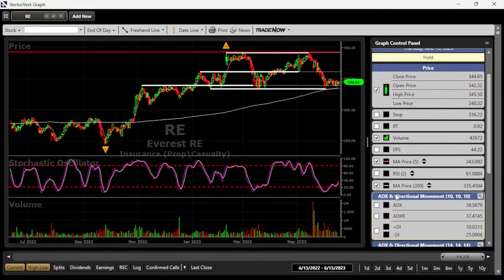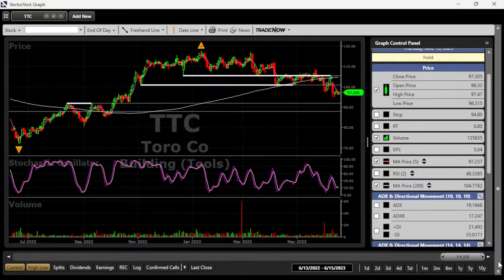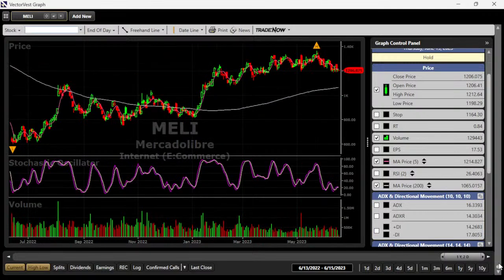Look at where price is, right at the 200-day moving average. Beautiful setup. Can't say it enough. Here with TTC, that was the third stock in the list. Only 4 stocks in the list total, but this one is below the 200-day moving average. I mean, it's in too strong of a downtrend for too long. I'm not looking to play a potential rally here. I would pass on that one.